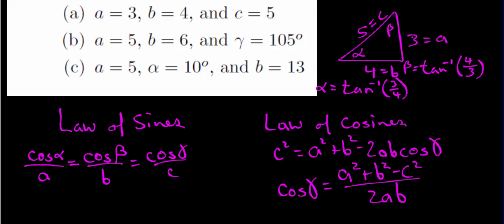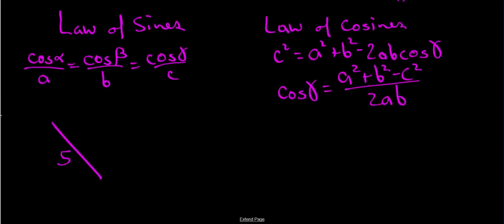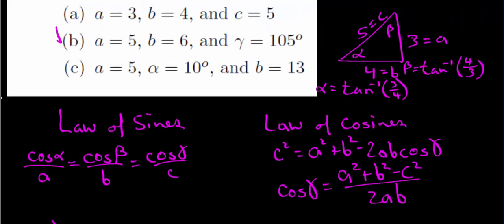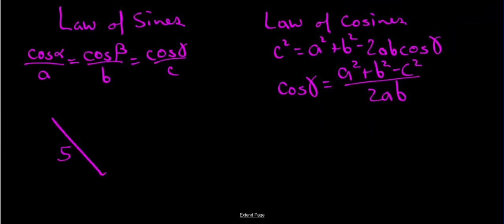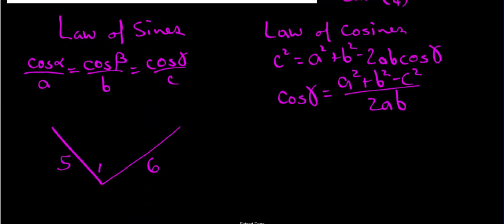But let's look at this one here. Okay, for B, it looks like what we want to do is we've got A, which is 5, and we've got B, which is 6, and then there's an angle between them. Okay, so 105 degrees.